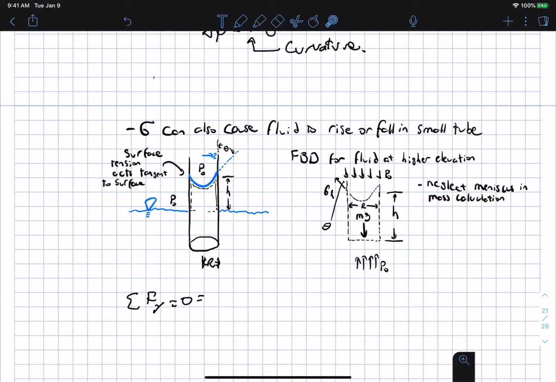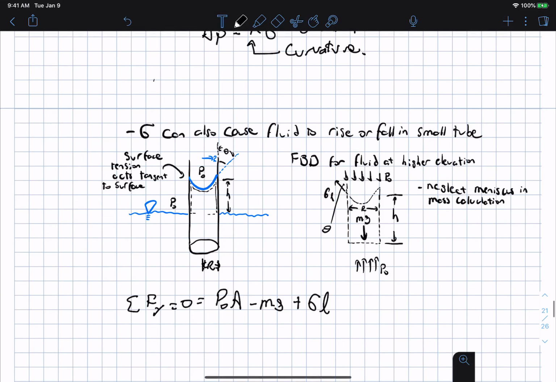That equals 0 equals minus P naught, which is the outside pressure, times A, that's trying to push the top of the water down, minus the weight, which is mass times gravity, plus the surface tension times the length times cosine theta, right?